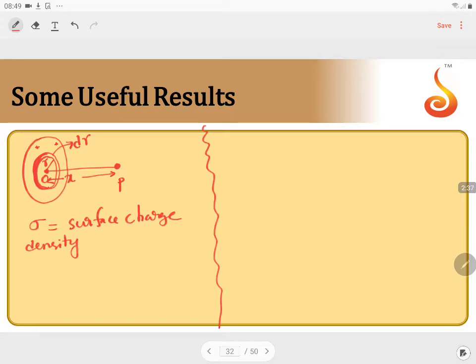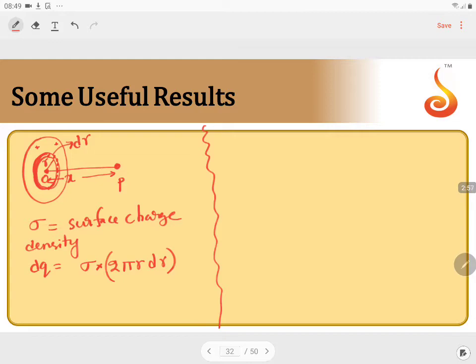So what will be the charge on the small ring element? It will be sigma into the area of the small element. The area of the shaded portion will be 2 pi r into dr, length into breadth. So this is the dq on the small ring element.